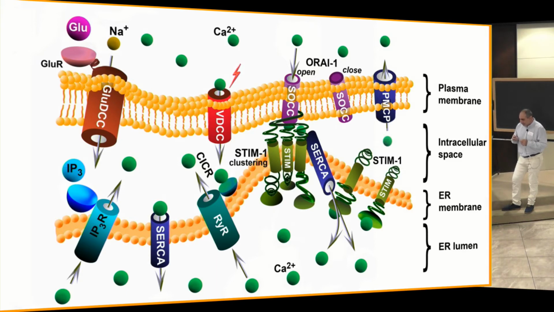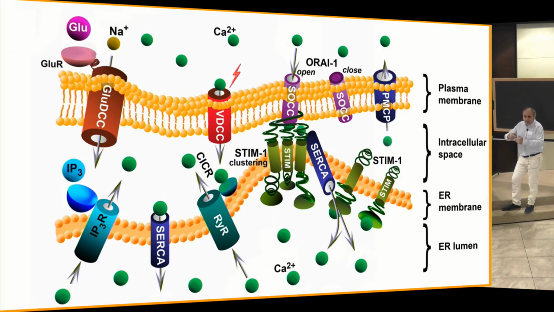But just briefly, I will remind you that store-operated calcium entry is built with two main proteins. One of them is ORAI. There are several ORAIs, 1, 2 at least, maybe also 3, and also STIM.